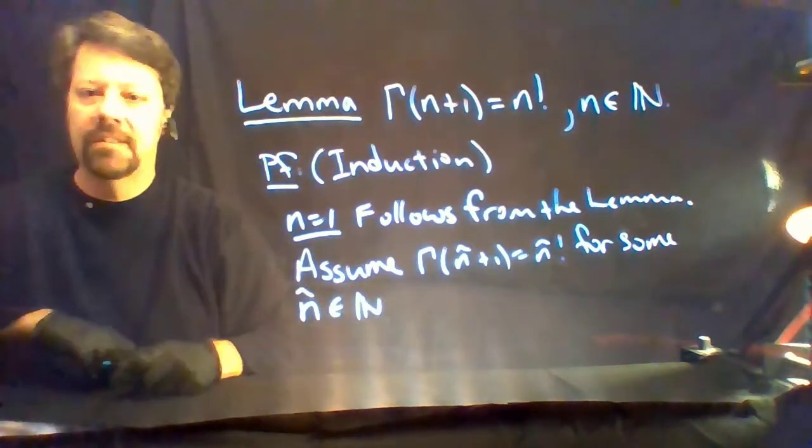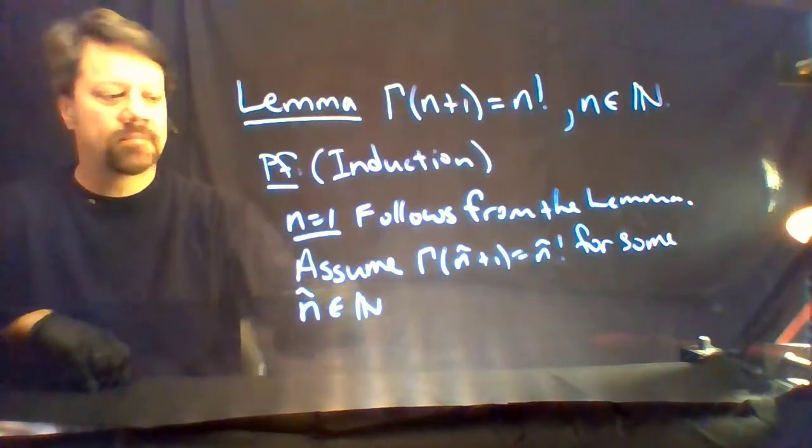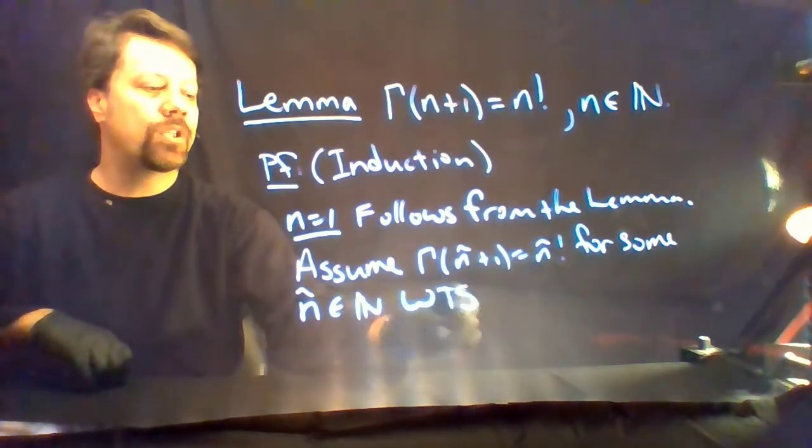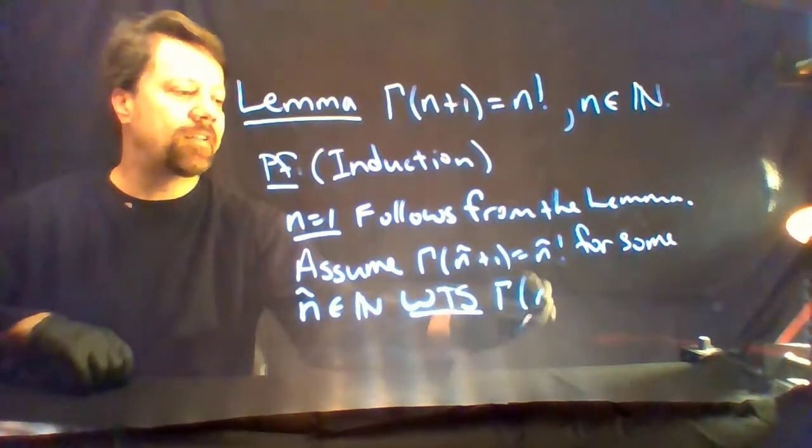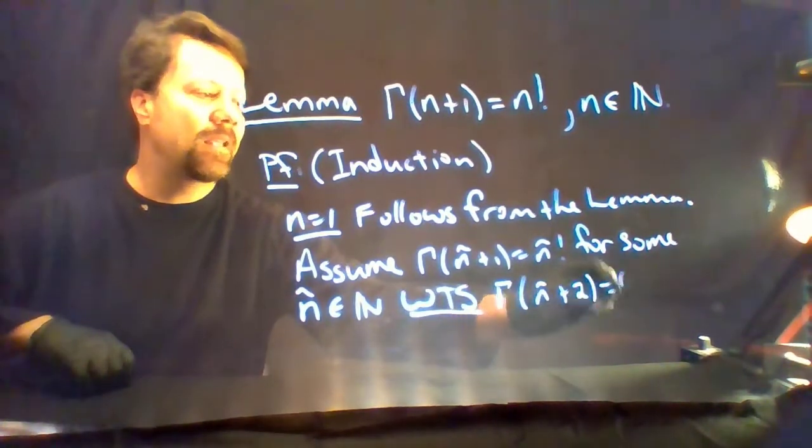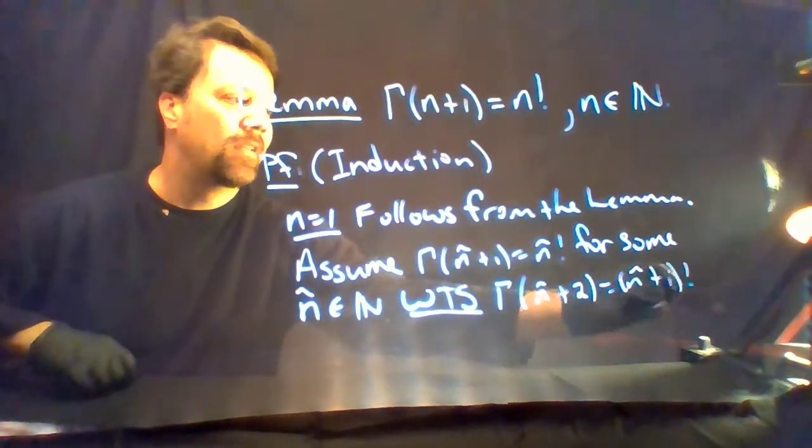Not for all, just somewhere. We want to show that gamma of n hat plus 2 is equal to n hat plus 1 factorial.